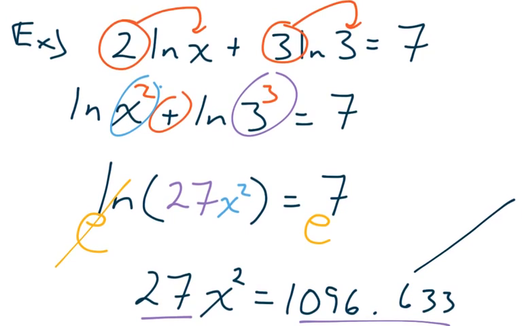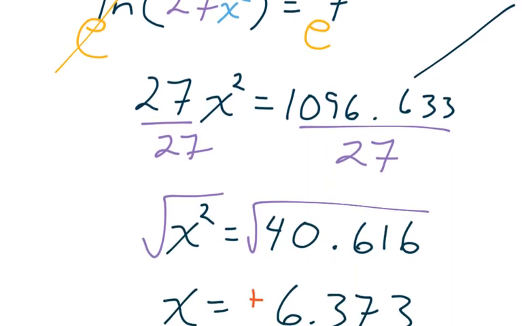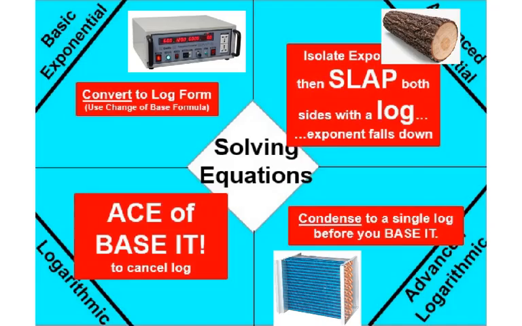So, because we had an x beside the original log, it's not going to be able to be a negative x. All right, no worries. It just means we get 6.373.